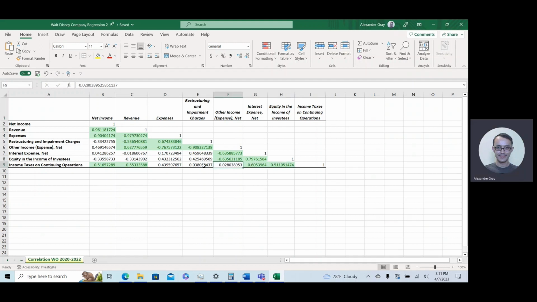As you can see, the only ones that don't really correlate on the income tax on continuing operations are other expenses, restructuring, and expenses. Everything else correlates nicely with that net income, which shows there's a good flow and the company is doing the best it can with its resources that it has, as they all correlate rather nicely with each other.